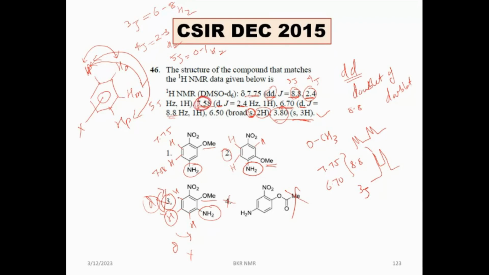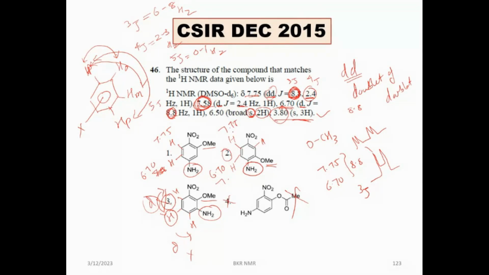The other proton, 7.58, is also given. So suppose this is 7.75 and this is 6.70. Where is the 8.8 coupling, the 3J coupling? It is between 6.70 and 7.75. So this is the 3J coupling.